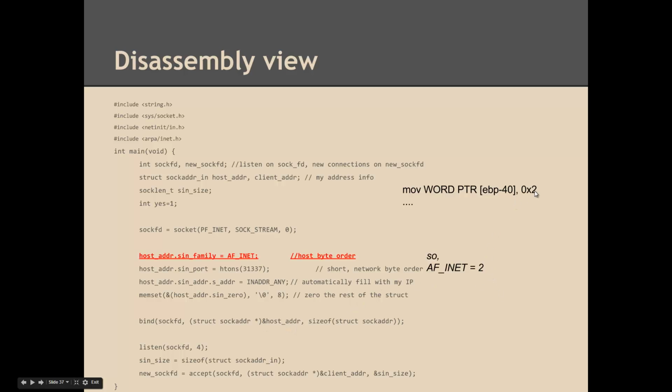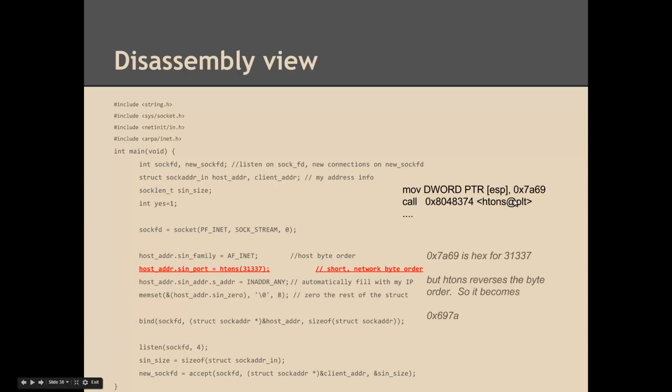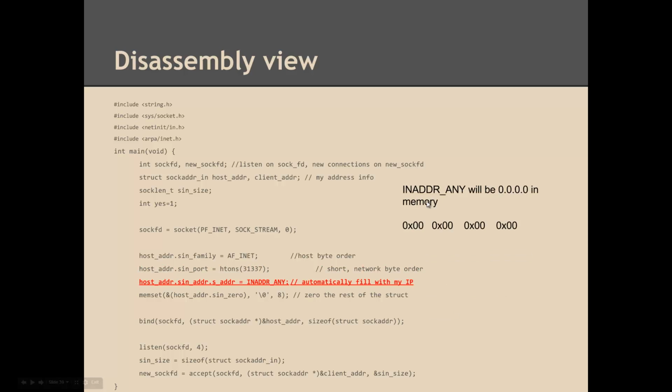So AF_INET is 2, so it's moving 2 into its appropriate place in the struct, and host to network short will translate the given short to the network byte order, so little endian versus big endian, whichever the network has agreed to use, and that is then getting put, well, the return value for that will be put in EAX, so that should be then moved.